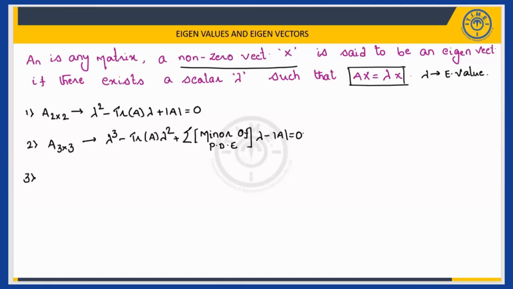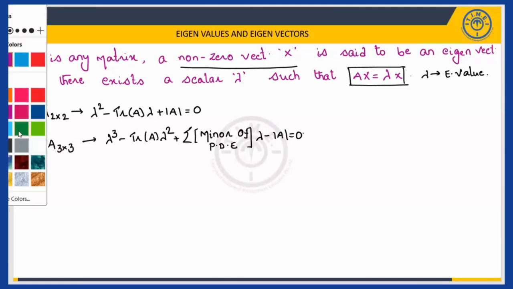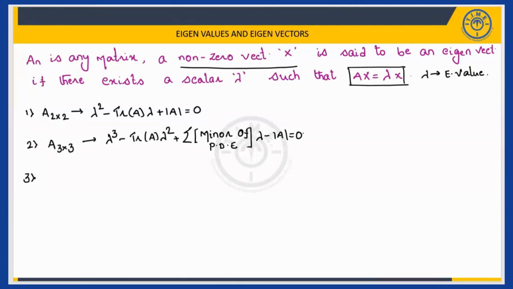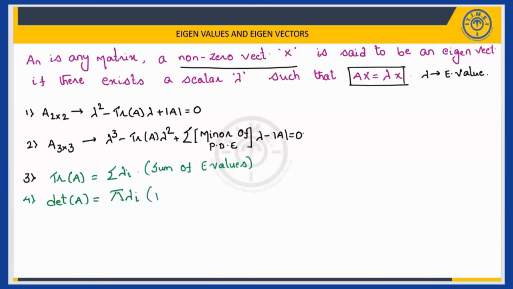And when we are talking about the eigenvalues, the trace of a matrix is always equal to the sum of the eigenvalues, and the determinant of a matrix is always equal to the product of the eigenvalues. So this is the sum of eigenvalues and this is the product of eigenvalues.